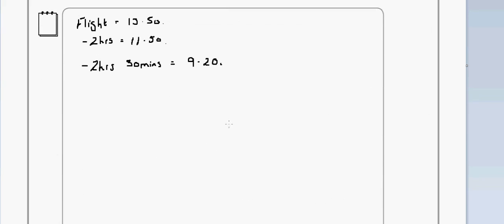So I would write for the examiner 9:20 latest time. Let's try and write this a bit neater. To leave. So 9:25 bus is too late.